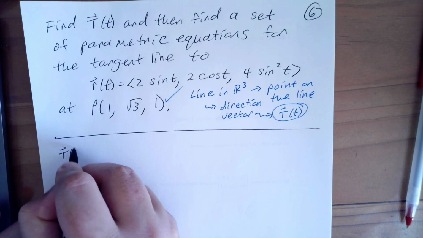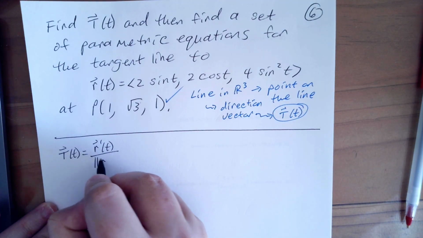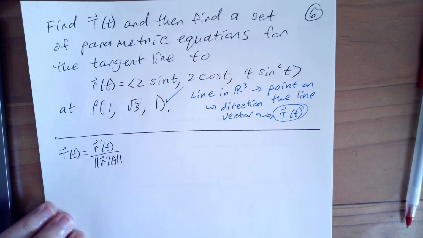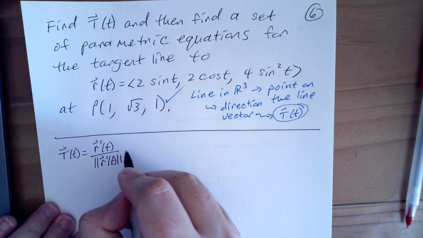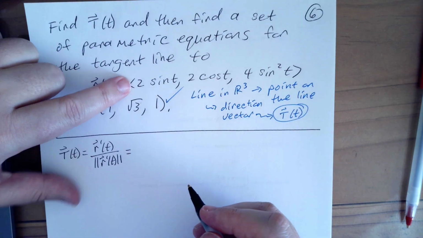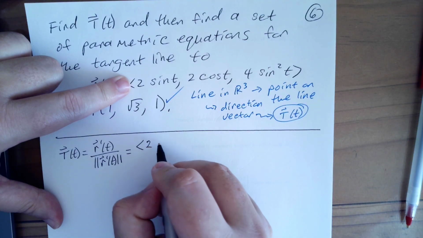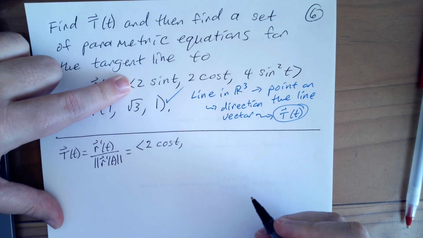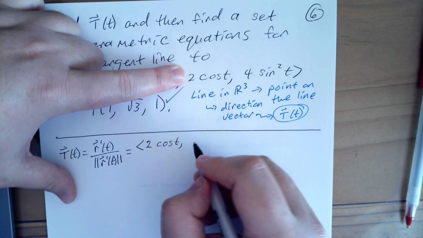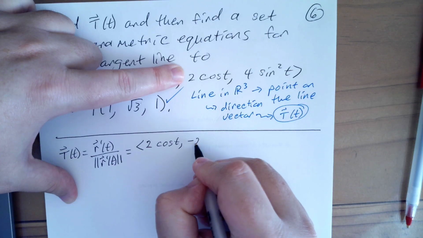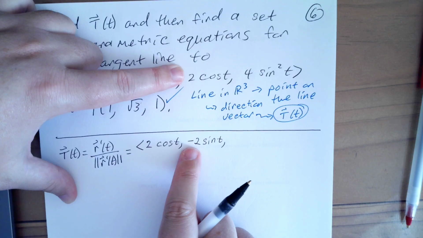Recall that T of t is equal to r prime of t over the magnitude of r prime of t. There it is. So let's start taking some derivatives. Derivative of 2 sine of t, that's going to be 2 cosine of t. Derivative of 2 cosine of t, that's going to be negative 2 sine of t.